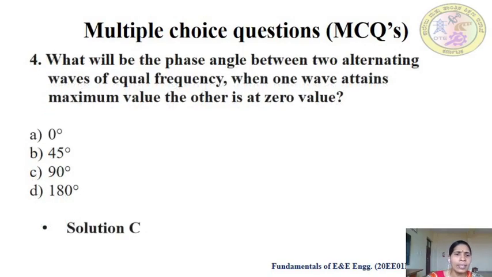The answer is 90 degree, because phase difference is calculated as one quantity minus another quantity. If one quantity is at 90 degree and another quantity is at zero value, then the difference will be 90 degree minus 0 degree, which is equal to 90 degree. So the phase angle difference is 90. The solution is C.